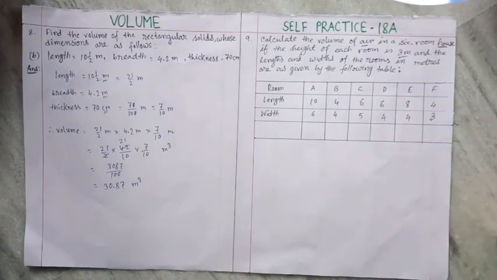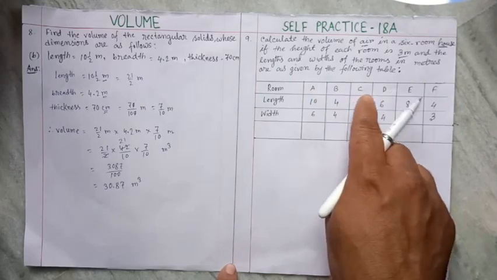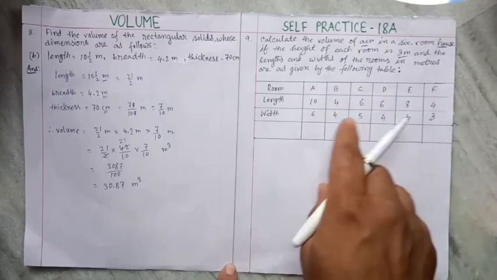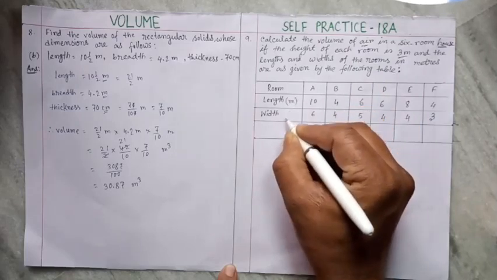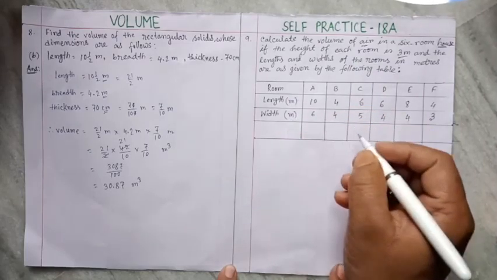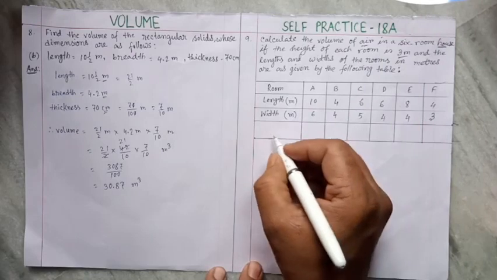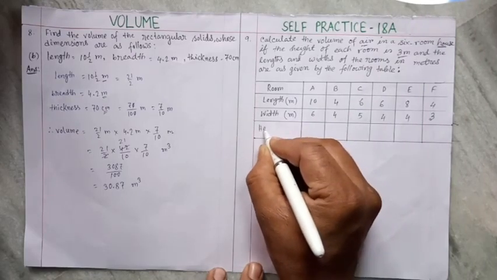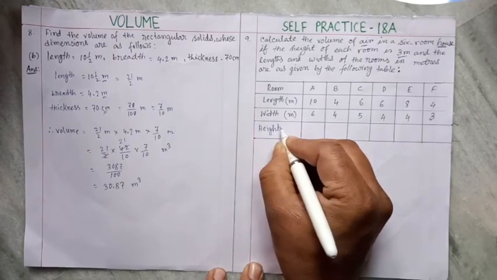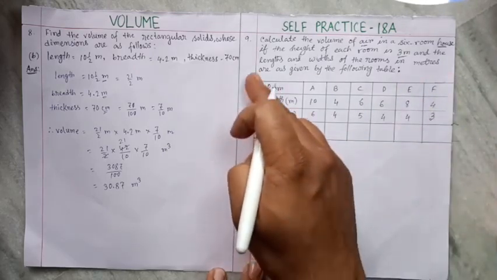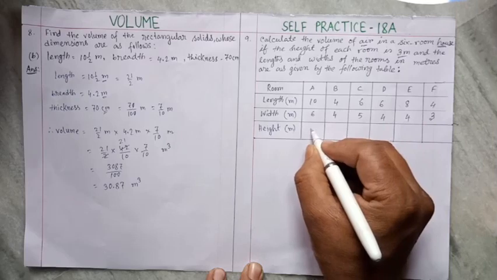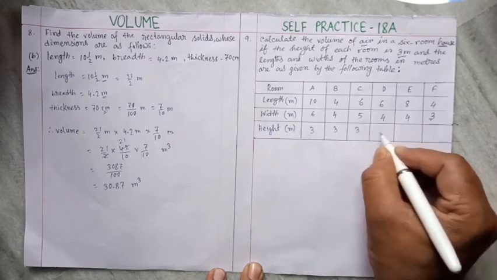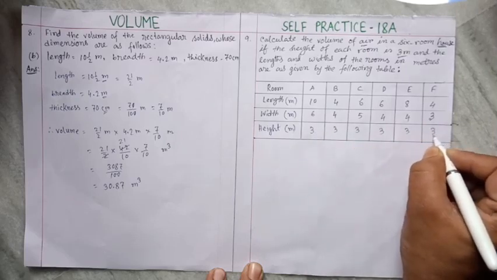Just see here room A, room B, room C, room D, E, F. Here lengths are given, here breadth is given, all in meter. And here write height in meter. So all are 3, 3, 3, 3, 3 and 3.